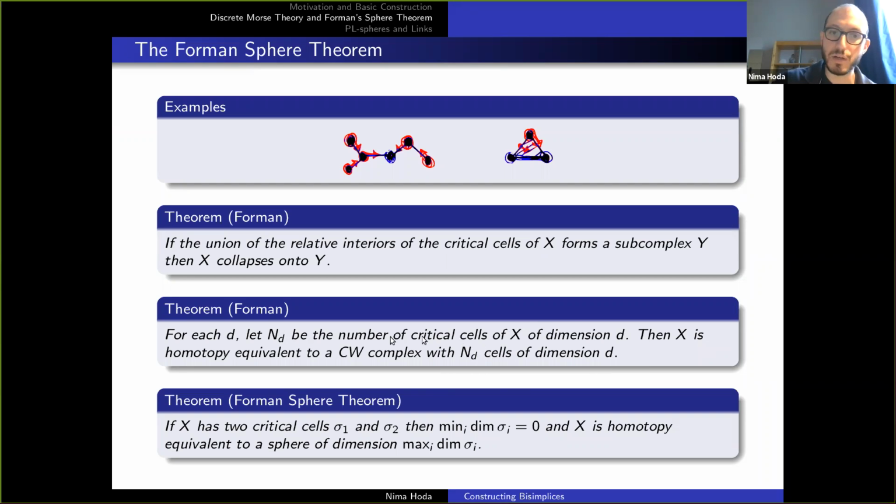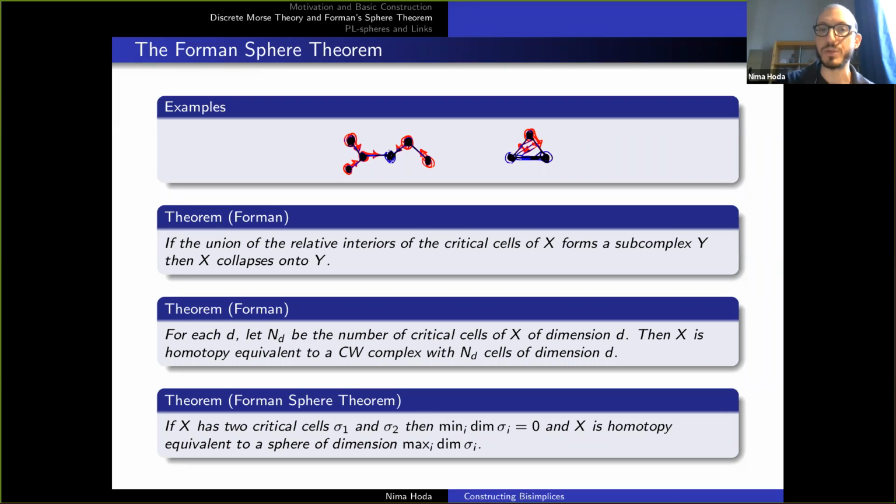Right, so here you just have a Morse matching. There's no condition on the set of critical cells. And what happens here is you may not have a free cell to perform a collapse, but you can sort of internally collapse the cell, and any cells attached to the cell that you're collapsing, their attaching maps can follow the deformation retraction, and so you wind up with something that's homotopy equivalent.